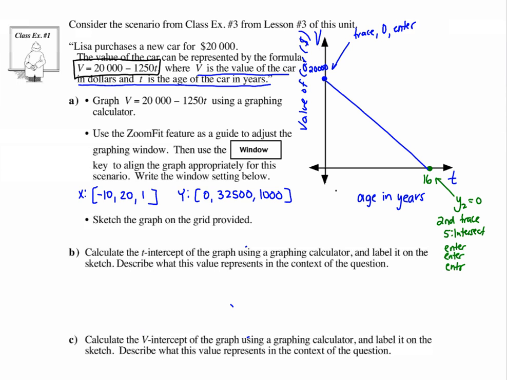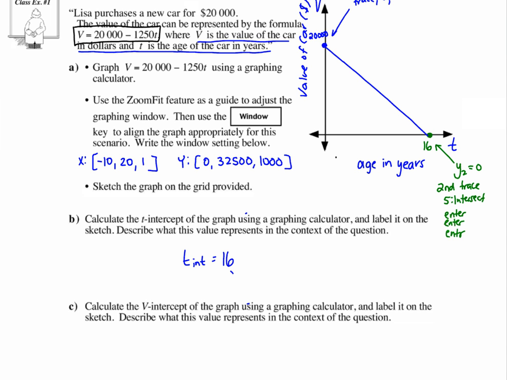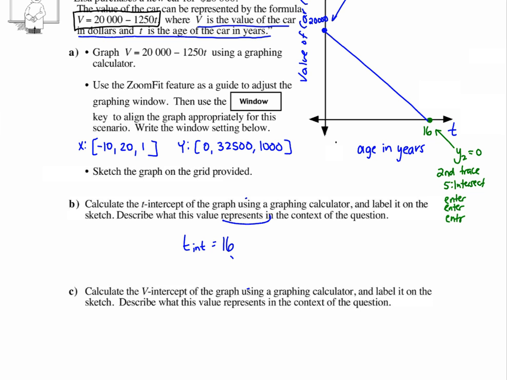Okay, so we already did some stuff. We already found the t-intercept. What was the t-intercept? 16. What does it represent? When I ask you what it represents in the context of the question, you need to relate it to value and age in years.